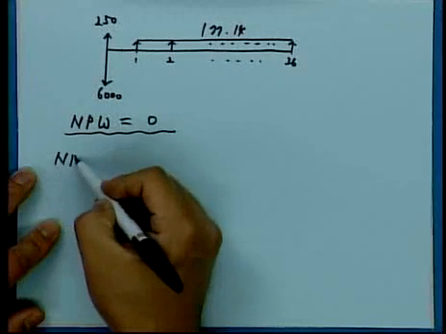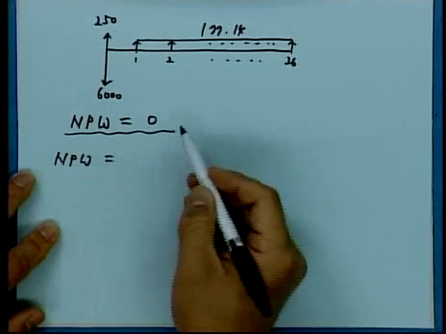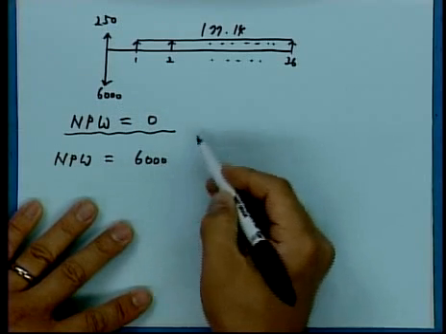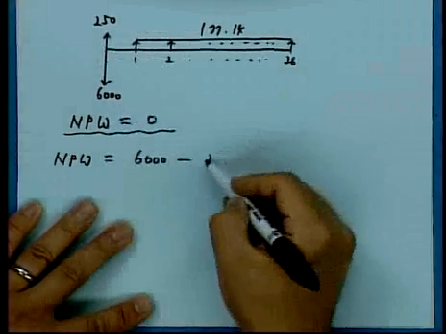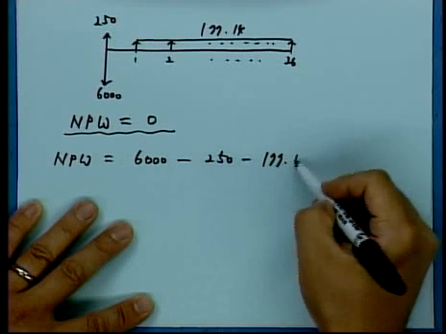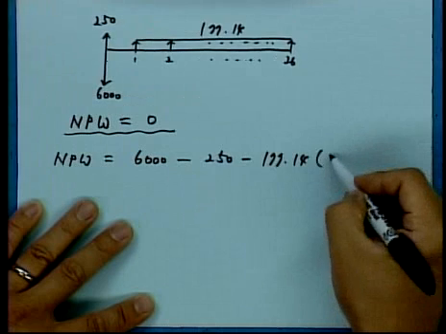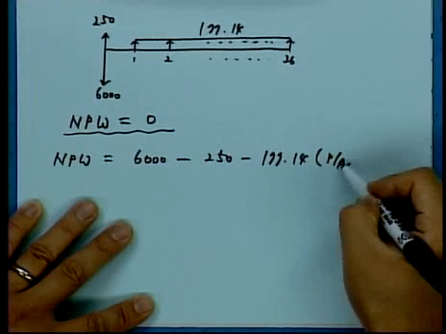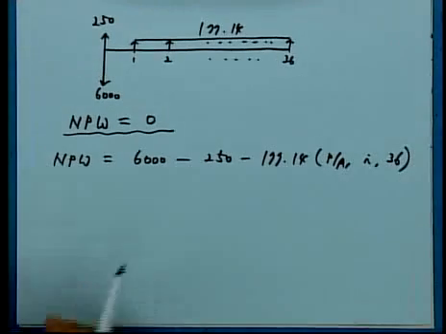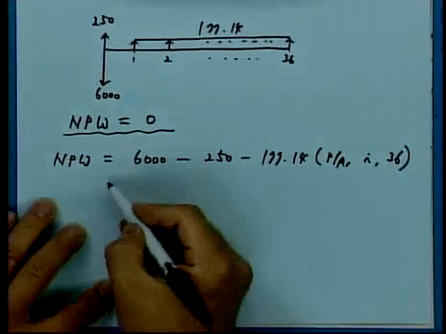So in our case, net present worth would be 6,000 minus 250 minus 177.14 times P given A, I% over 36 months, equal to 0.